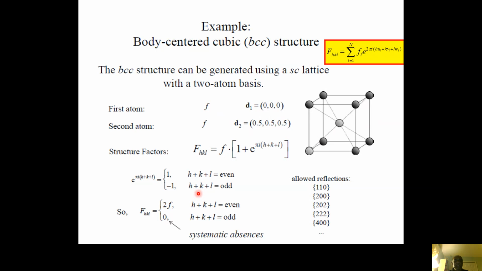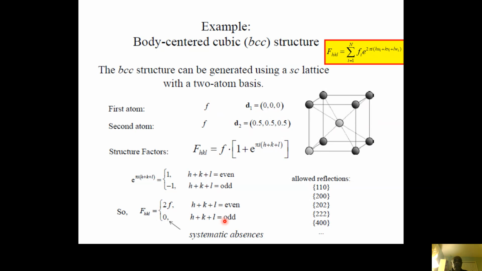But if h plus k plus l is an odd number, we know e to the power of this is minus 1, then 1 minus 1 becomes 0.